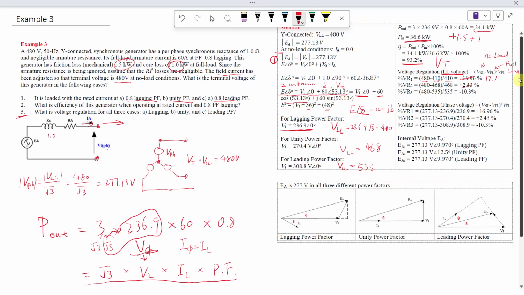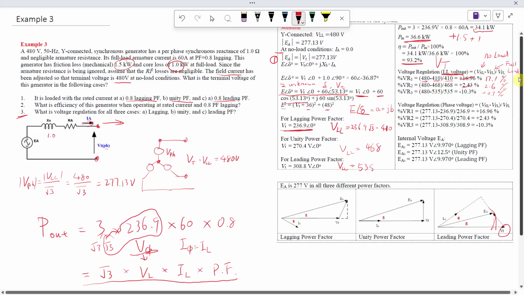And if you do this one, that is 2.6%, and the last one is 10.3. Negative, because you can see that the VT is even larger than EA.